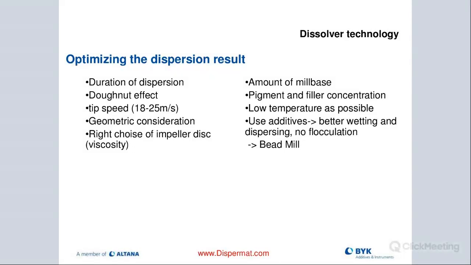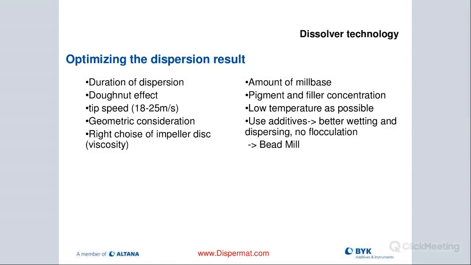Tip speed, again, 18 to 25 meters per second for the pre-dispersion. Again, remember to keep the blade diameter in the right ratio to our container vessel. And then obviously the right type of blade, as there are many on the market, and depending on what viscosity you are working with, you would pick the right blade.